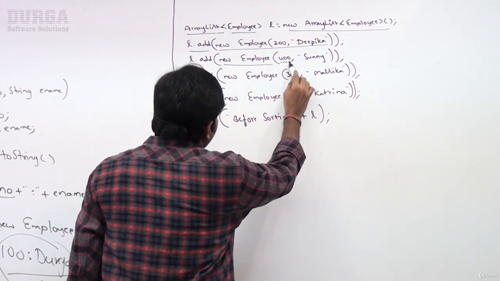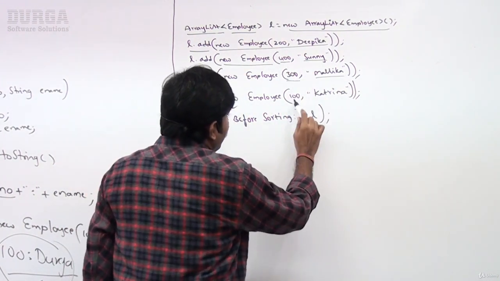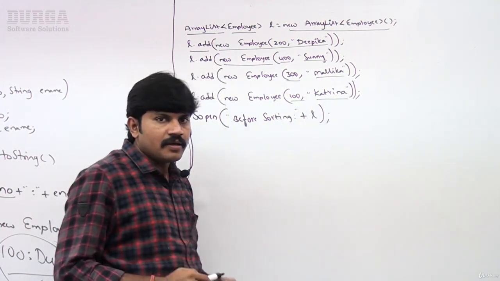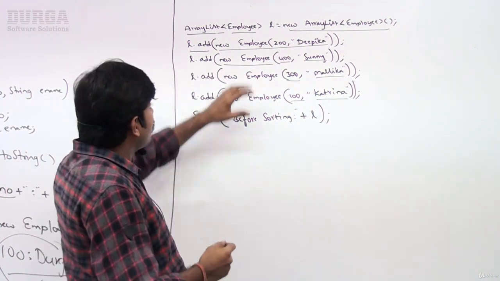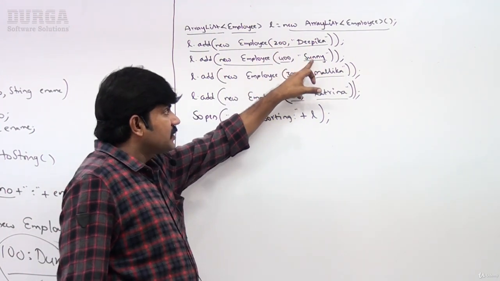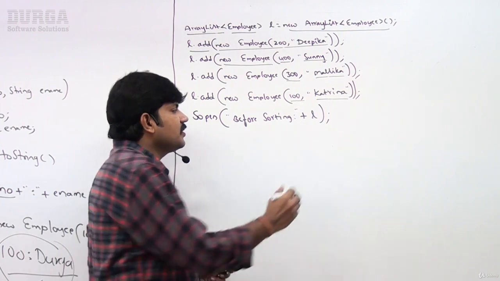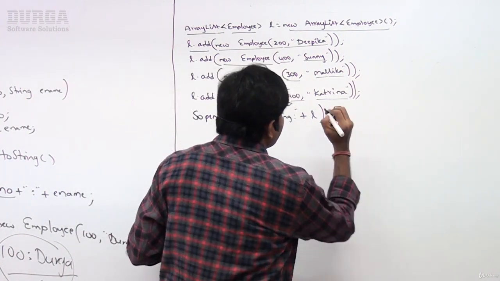Similarly, new Employee(400, Sunny), next 300 Malika, 100 Katrina. How many employee objects am I adding, sir? Four employee objects: Deepika, Sunny, Malika, Katrina. What is the output we are going to get? Very simple, sir: insertion order.